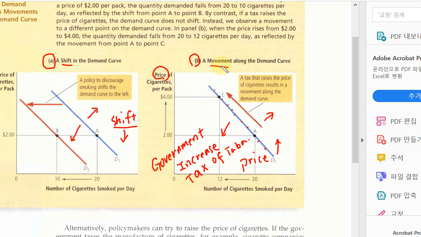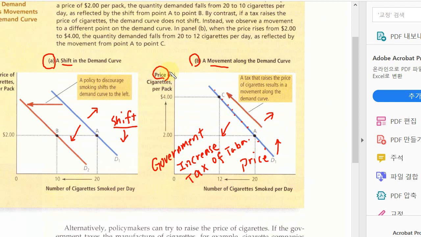In movement, the main cause of the movement of the demand is simply price. The reason is illustrated in the picture here.